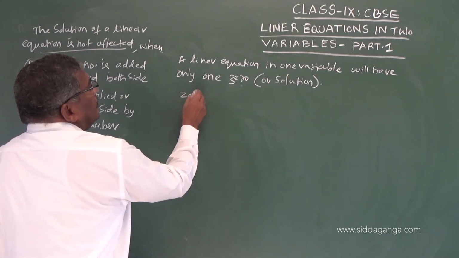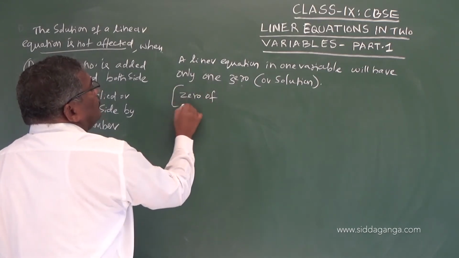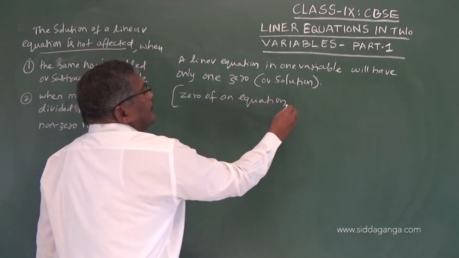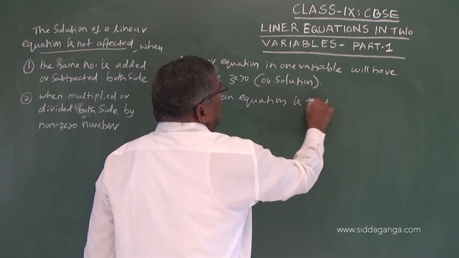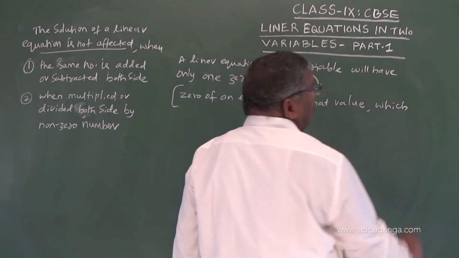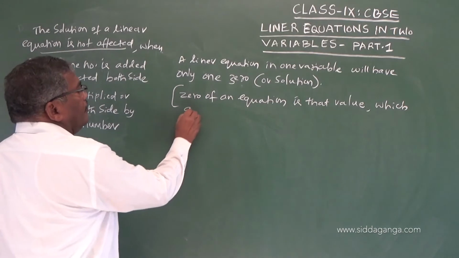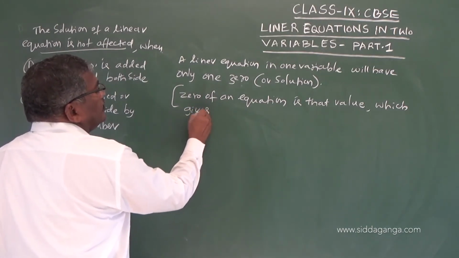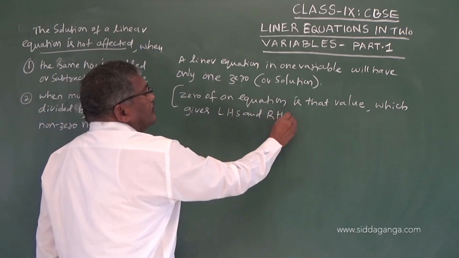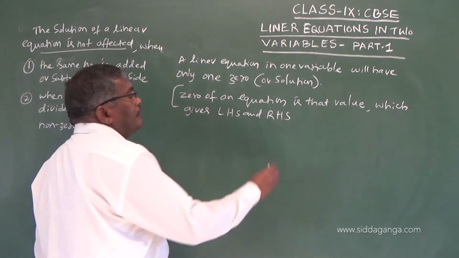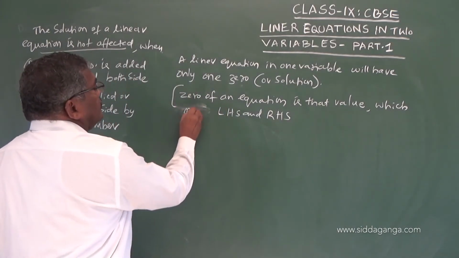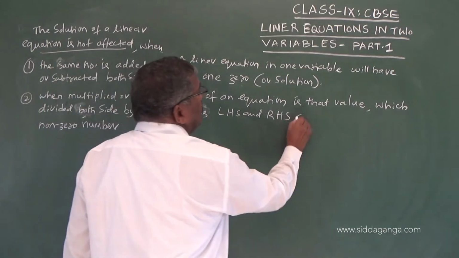Zero of an equation, I will put it in the brackets, is that value which gives LHS and RHS equal, which makes LHS equal to RHS.